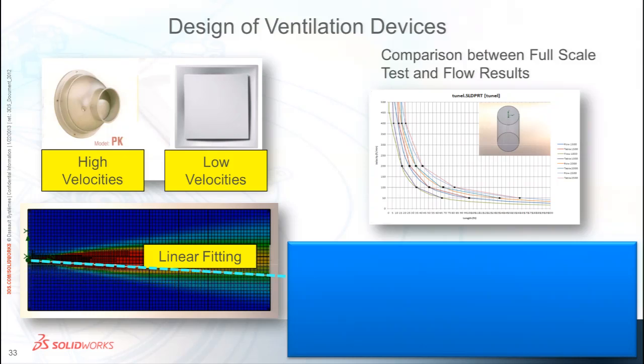This customer is in Mexico. They build this kind of device. These kinds of devices are found in shopping centers. They are devices for high velocities. Most of the time they are on the walls, just to push air inside the room.